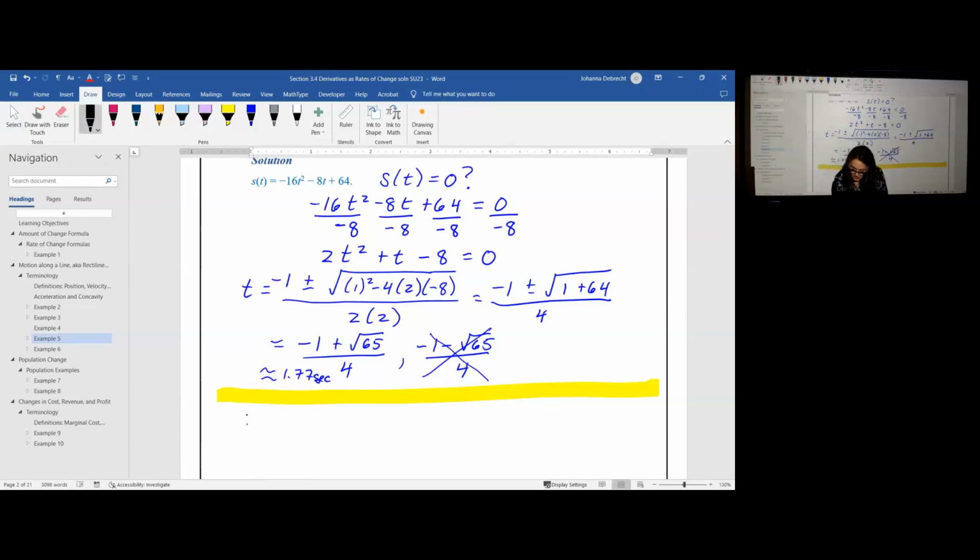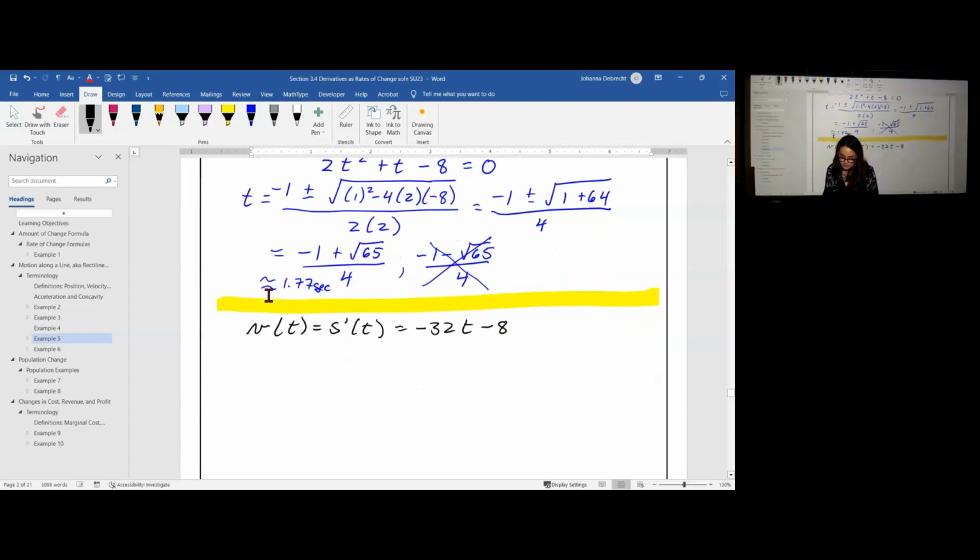That means find the velocity function, v of t, which is equal to s prime of t. This will give me -32t minus 8.